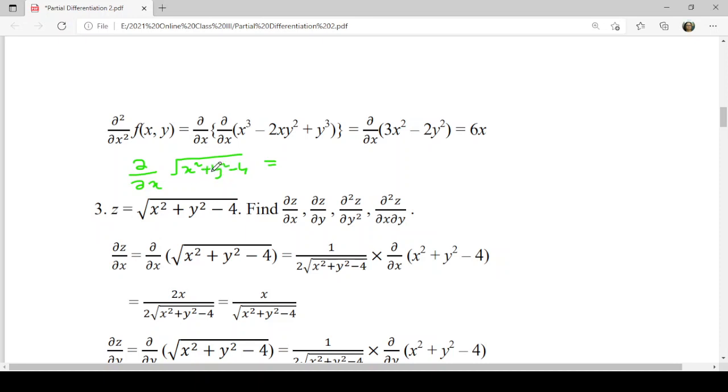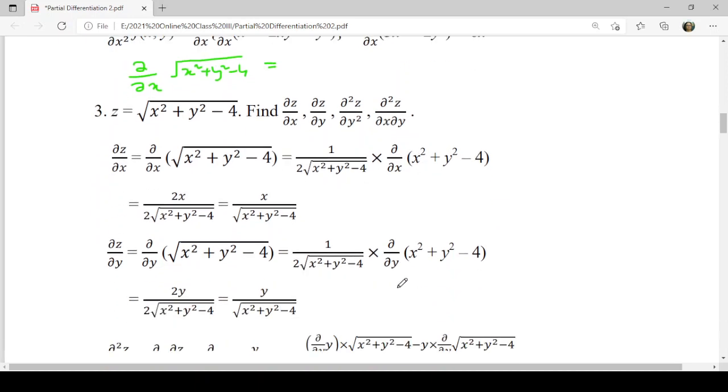It is d dx of this. So keep this y square as some constant value. So it is like root over x square minus 4 plus some constant. So you apply the chain rule: it is 1 by 2 root over x square plus y square minus 4 into del del x of x square plus y square minus 4. And the partial derivative of this is twice x, this will be all 0.